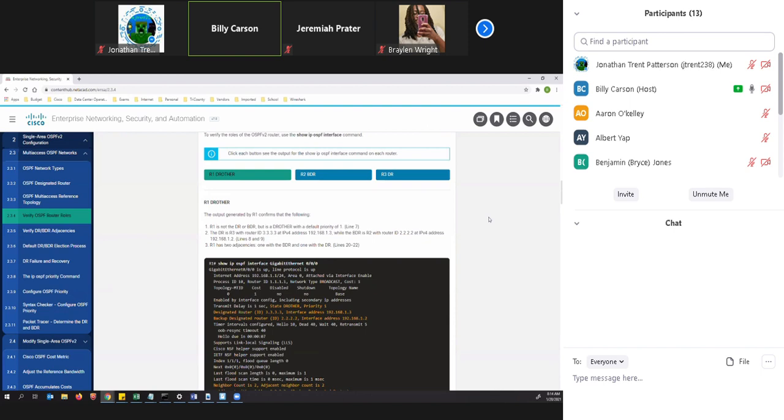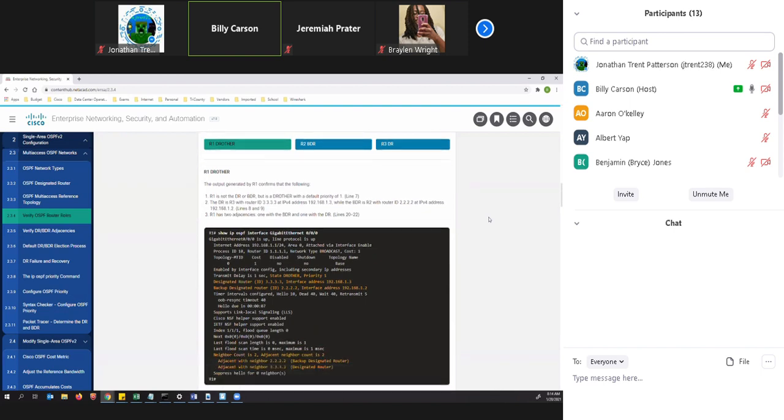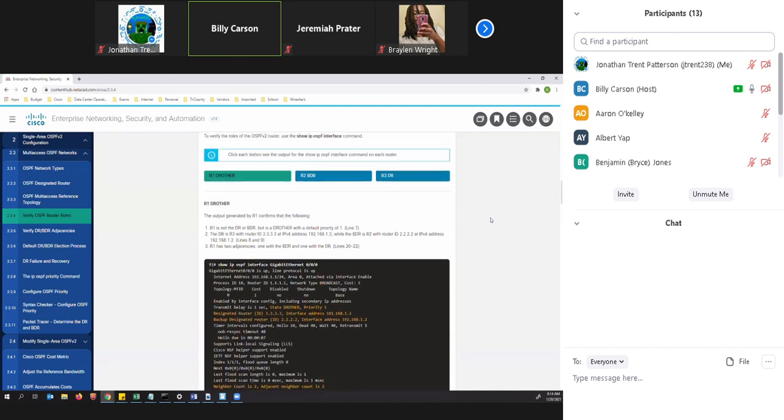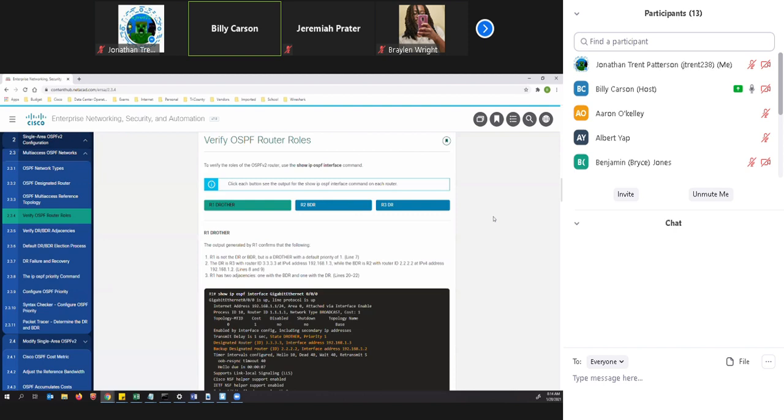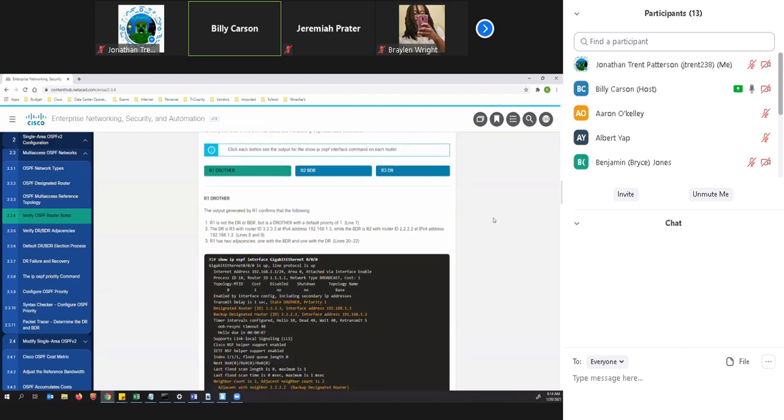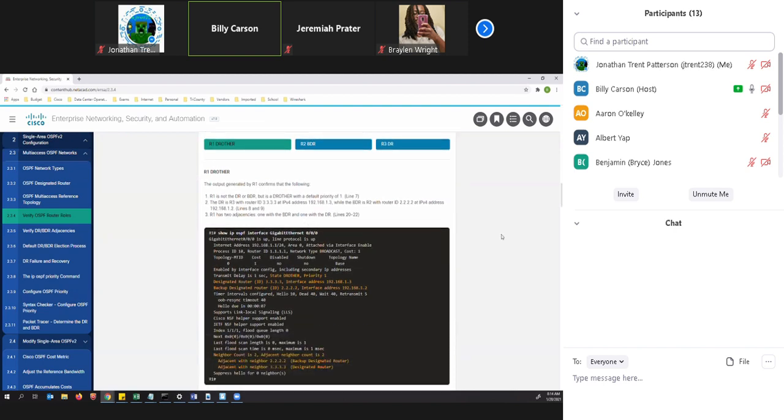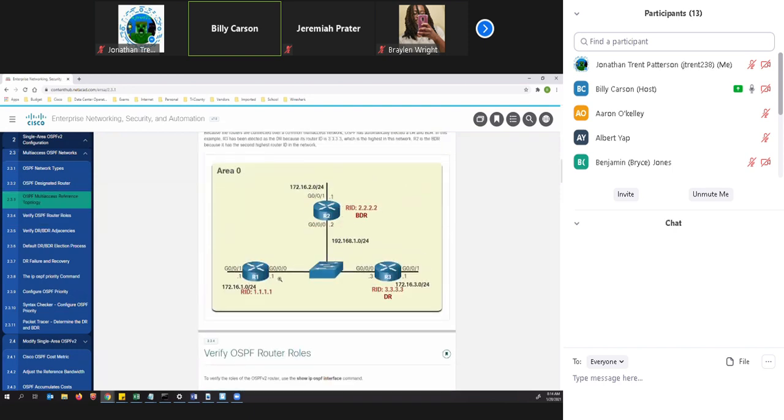So this is just talking about how you can tell the roles that they're in. So here they're on router 1. If you're not a DR and you're not a BDR, what are you called? What's your role in this thing?